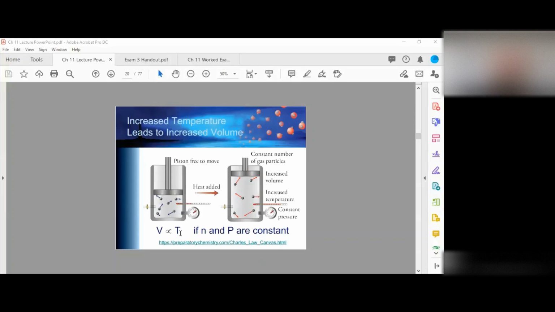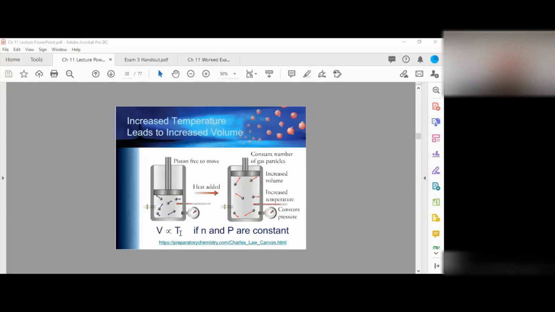We said at the beginning when we described the gas's behavior that when temperature increases, molecules move faster, they collide even more, and when they collide, they get farther apart from each other. And when they get farther apart from each other, that's going to cause those molecules to occupy a larger space, a larger volume.